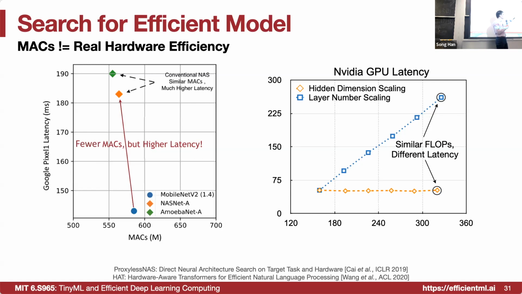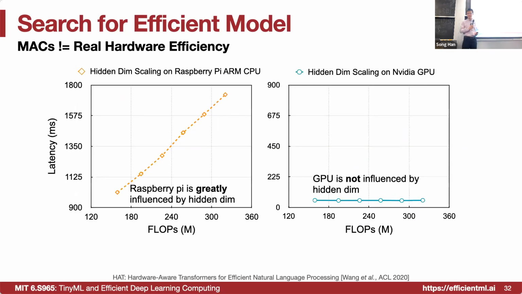We find that although these two models have very similar FLOPs, increasing the number of layers can drastically increase the latency, but increasing the hidden dimension doesn't quite increase the latency. So the same FLOPs can have drastically different latency.